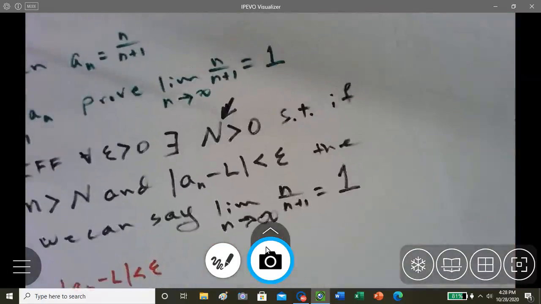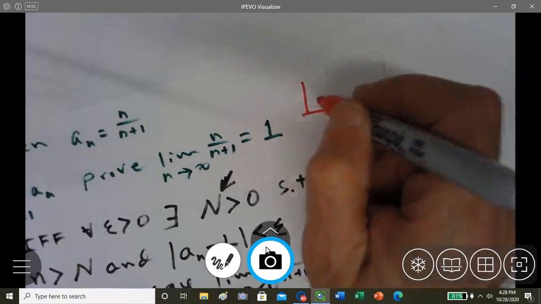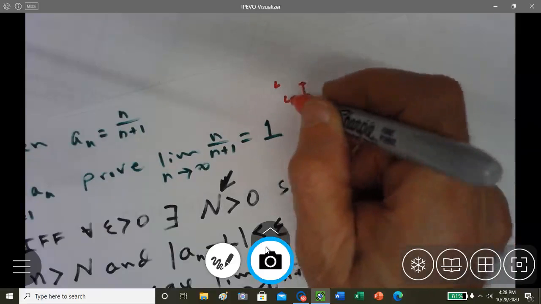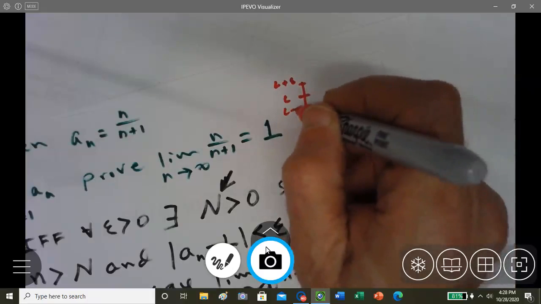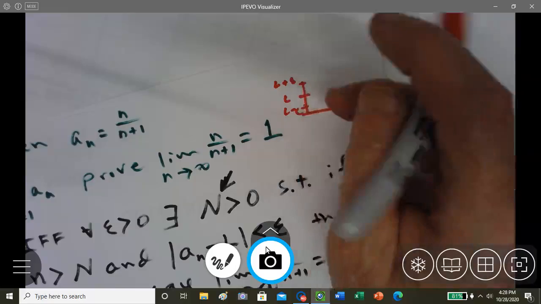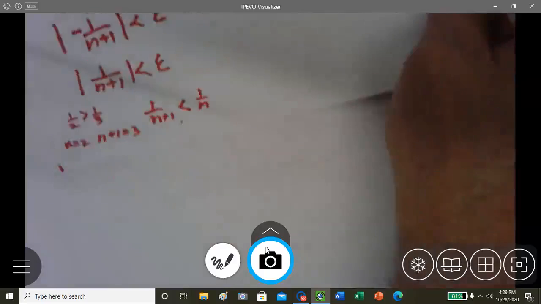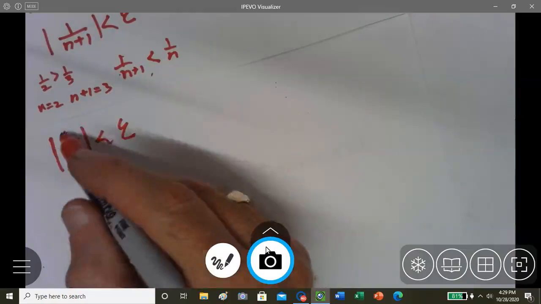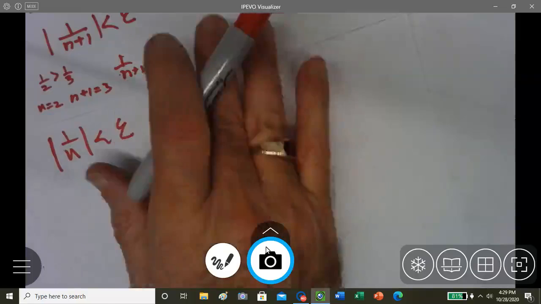Because when we're looking at our limit, here's epsilon, here's our limit, and our limit plus epsilon, and limit minus epsilon, we can go smaller. We can get closer to that limit. So going smaller here is okay. So we're using 1 over n now.